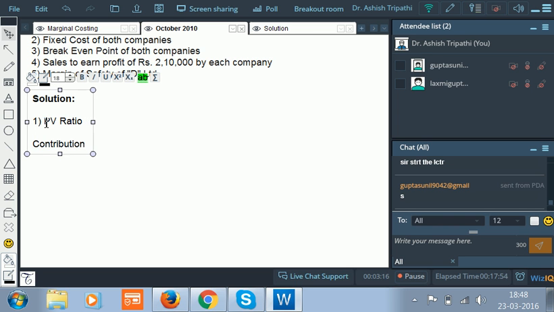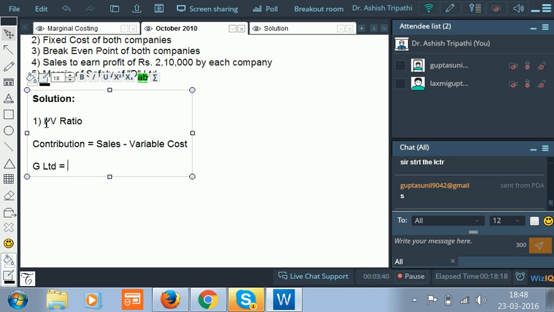Contribution is equal to sales minus variable cost. This is the formula or equation for calculating contribution. So let us calculate contribution for G Limited.